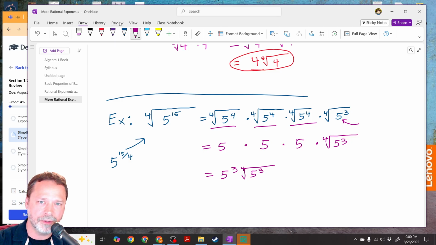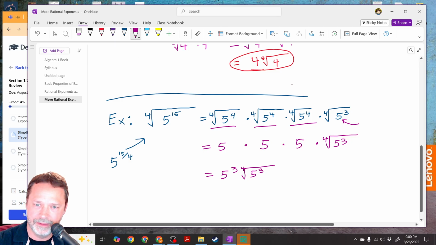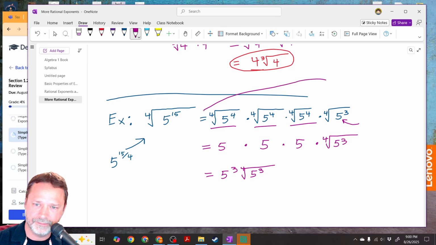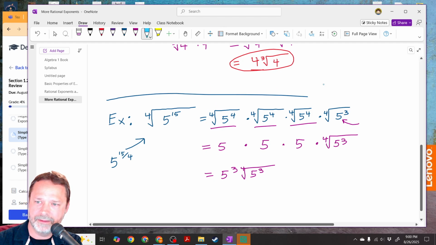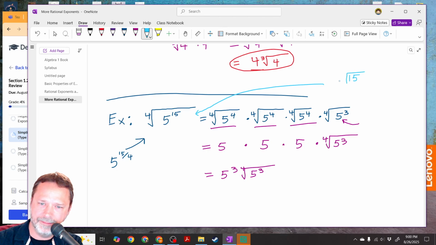That language should ring a bell to you, and it should be this: 15 divided by 4, because I'm getting groups of 4.